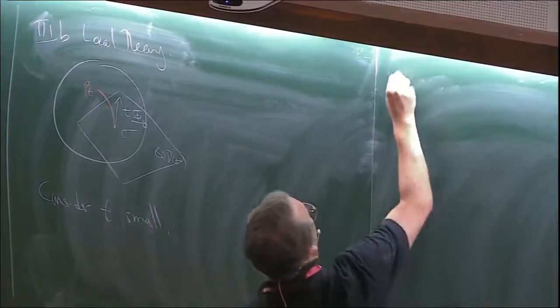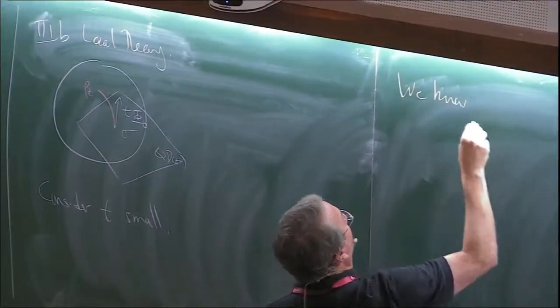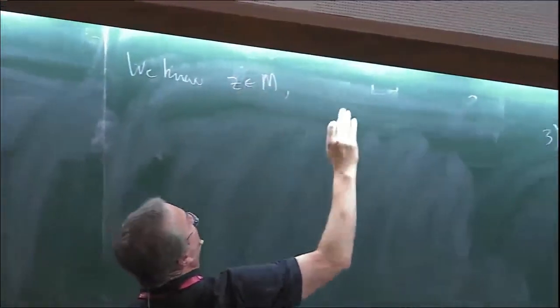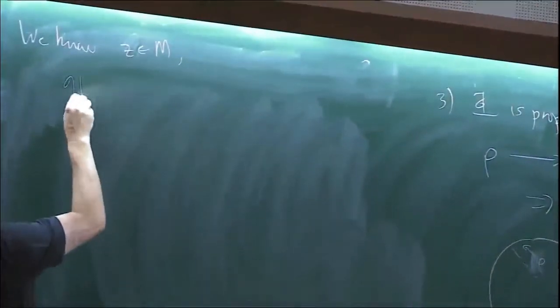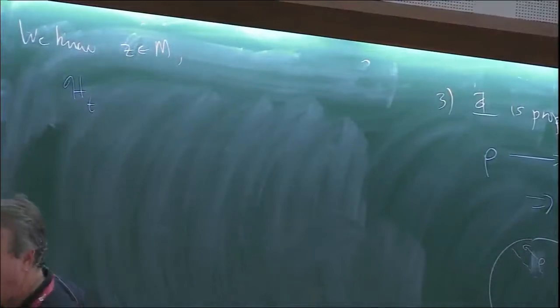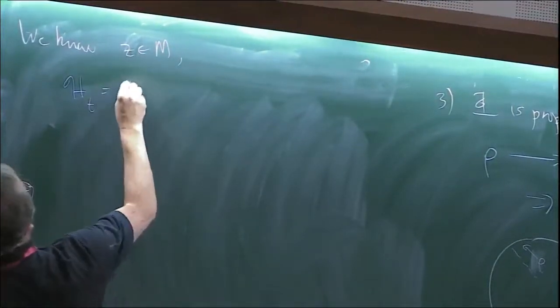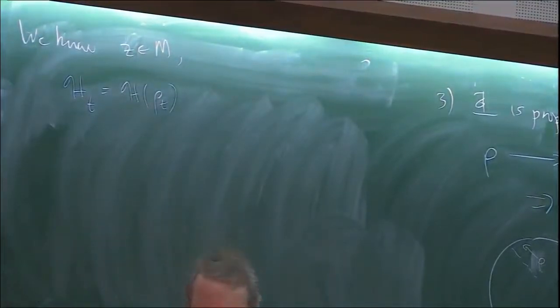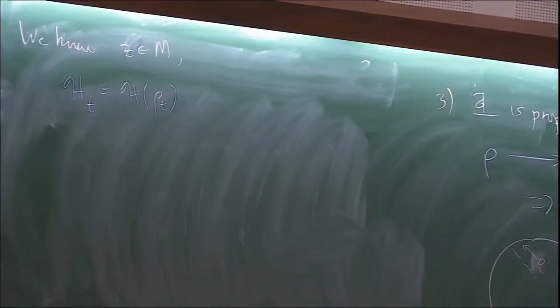So what do we know? We know that if I pick a point on M, and I look at this function ht, by which I mean the h corresponding to the metric rho t. In other words, I have this path rho t. I look at harmonic maps from sigma to rho t. I look at the holomorphic energy h associated to that. I'll call it ht.